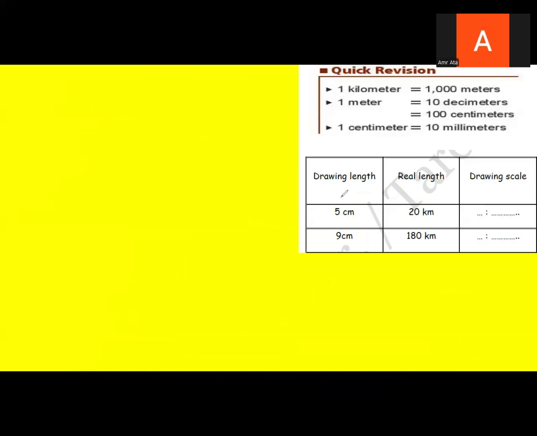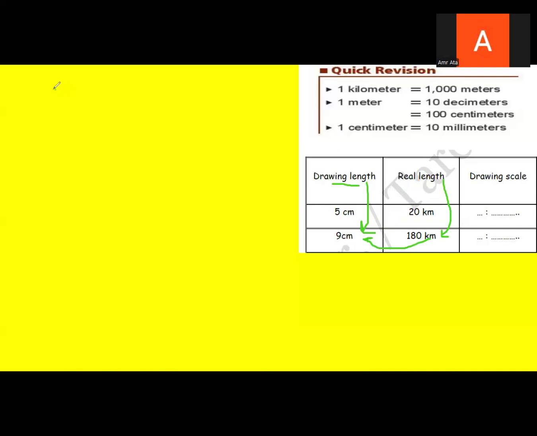If the drawing length, the length in draw, is 9 centimeters and real length is 180 kilometers, find the scale drawing. I will make 3 steps: convert, drawing to real, simplification. Convert kilometer to centimeter by times it by 100,000.